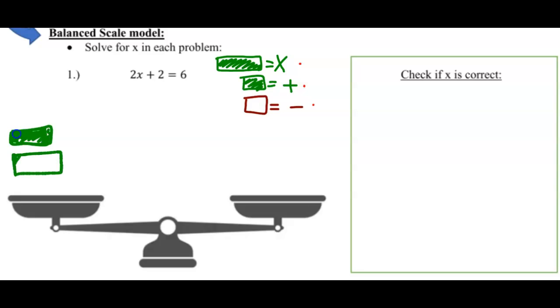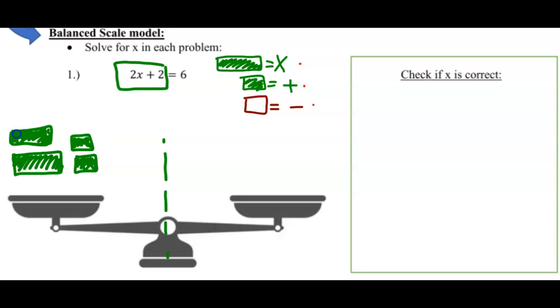So I have two x's, and I've colored it in. What else do I have if we would split this in half? What else do I have over here on this side? I have two constants. So I need two little boxes, both colored in. Okay, so that's my picture.